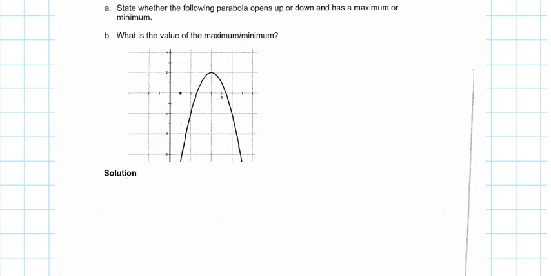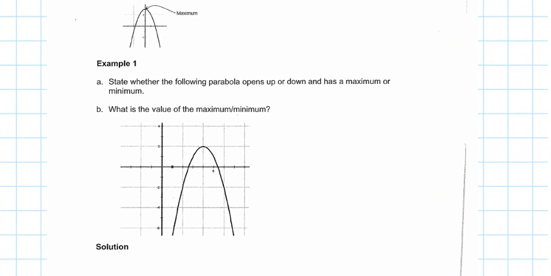Now, state whether the following parabola opens up or down, and does it have a max or a min? It has a max. Now, which way does it open? Open down. And it has a max.